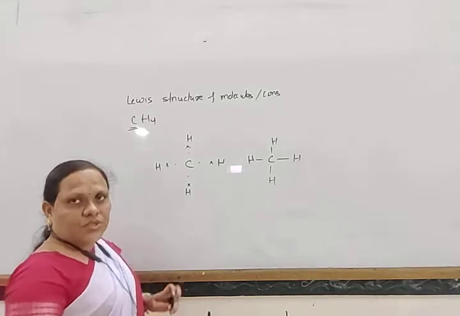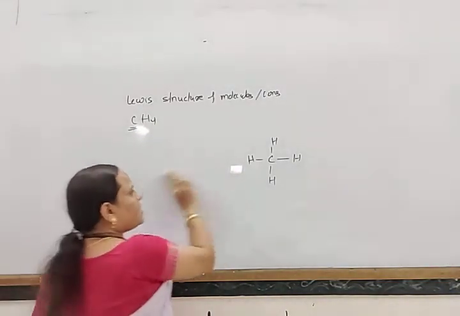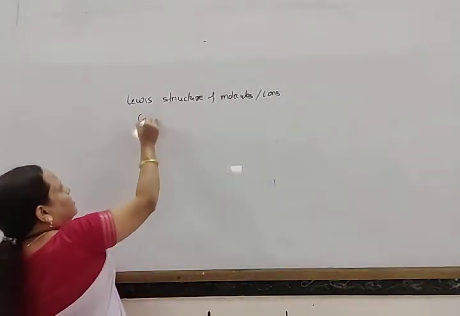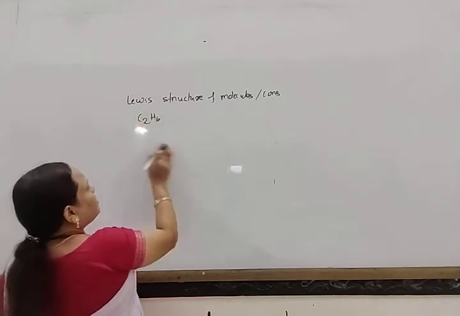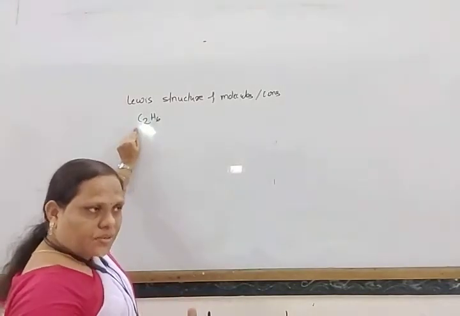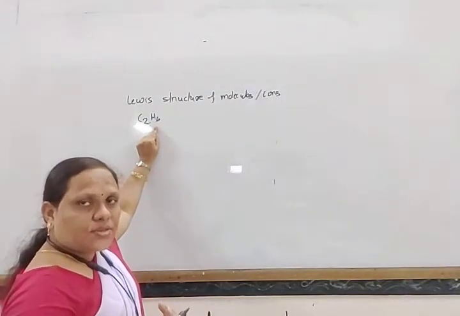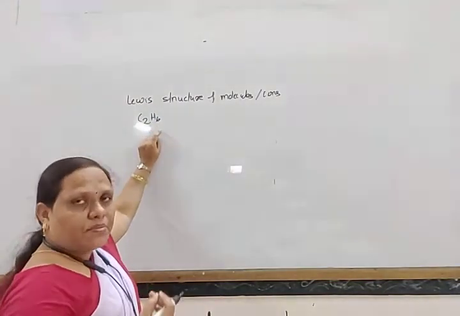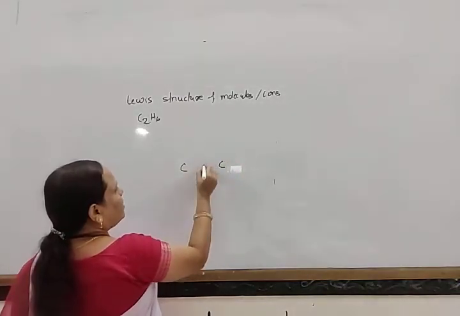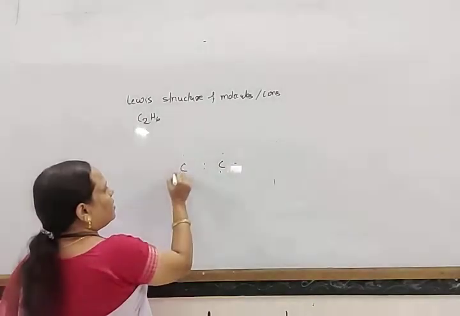Hydrogen satisfies its duplet. Next, how to write the Lewis structure for ethane, C2H6. Each carbon has valency 4, so it shares 4 electrons, forming 4 bonds around it. And hydrogen has valence electron 1, so it can form 1 bond. Just apply common intelligence and then write down. Carbon, and this is shared by each, 1, 2, 3, and 1, 2, 3.